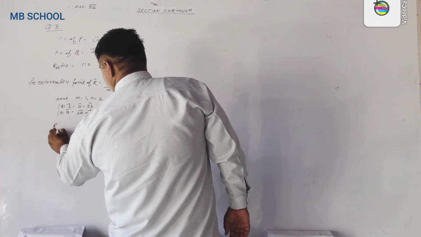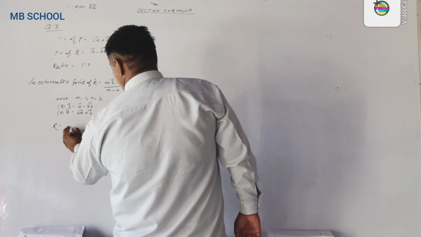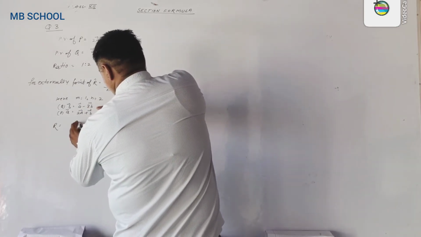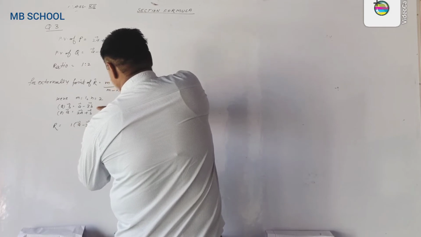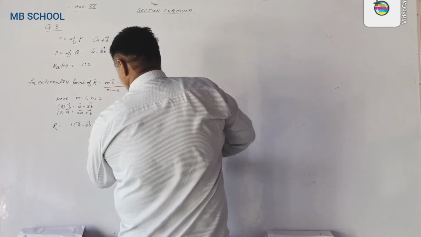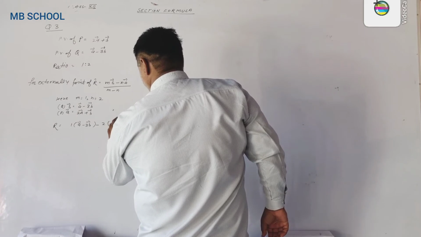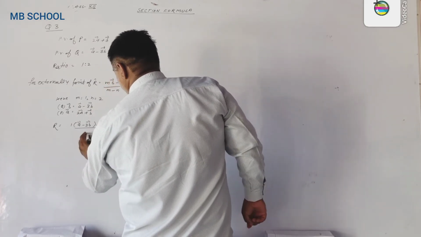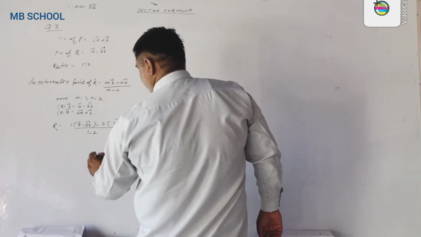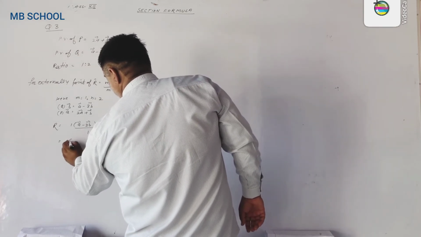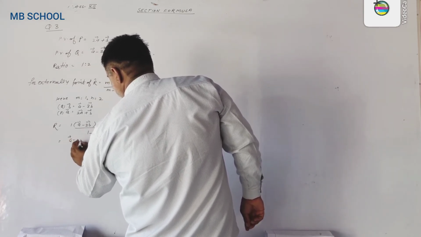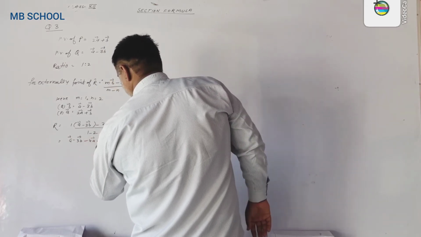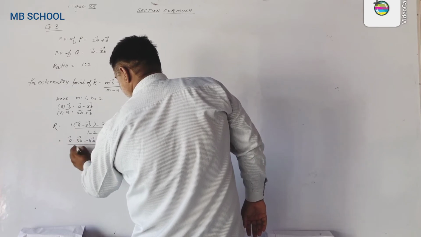So r is equal to m into b, meaning a minus 3b, minus n into a, 2a plus b, by m minus n, 1 minus 2. We multiply this: a minus 3b minus 4a minus 2b by minus 1.